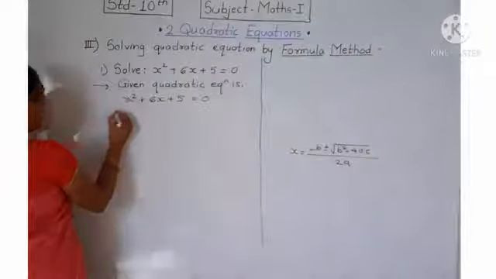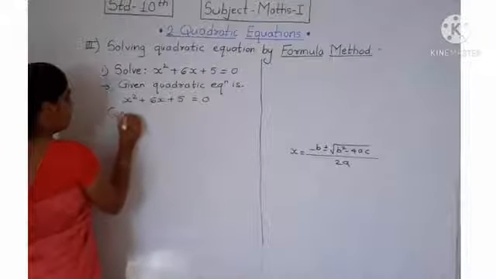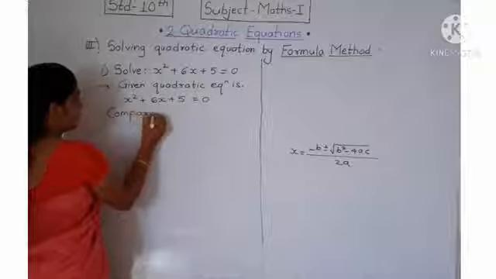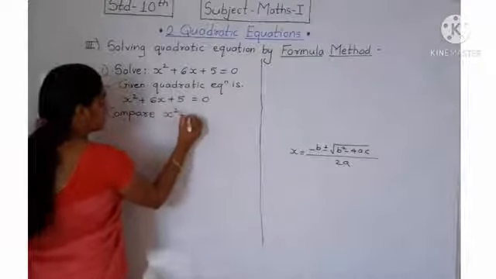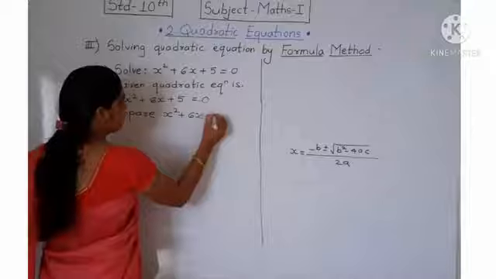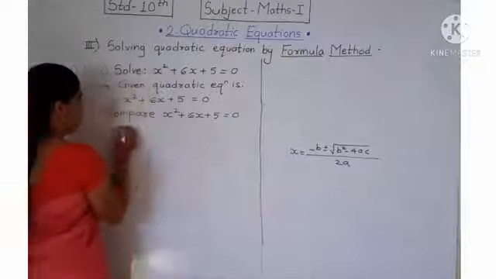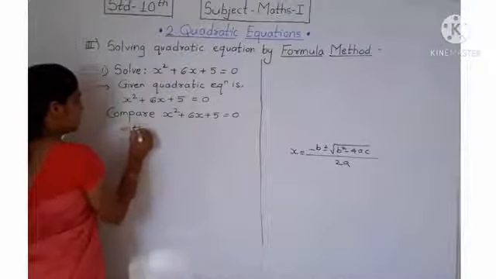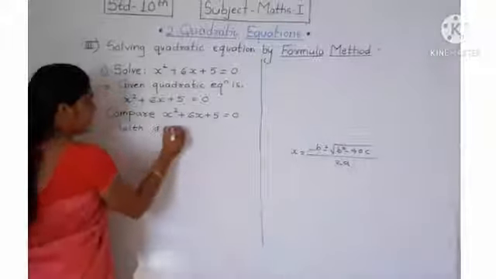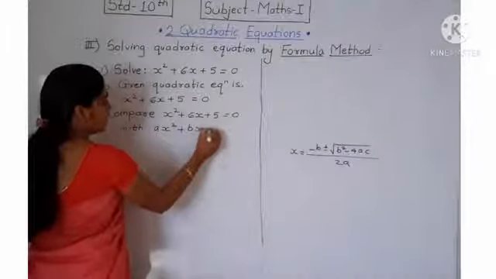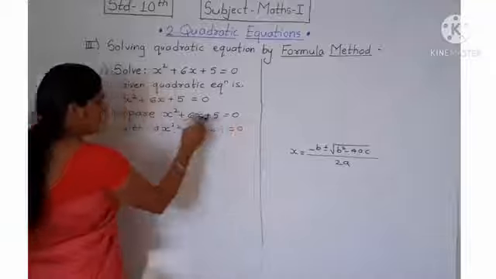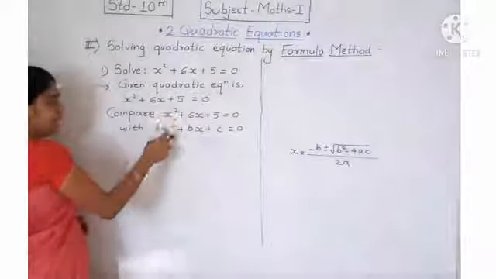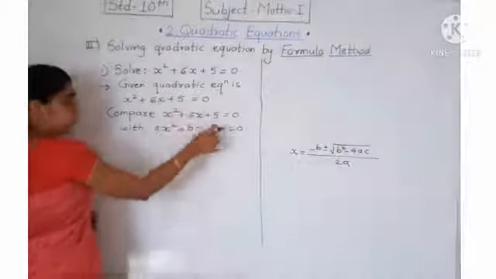So we directly compare x square plus 6x plus 5 is equal to 0 with ax square plus bx plus c is equal to 0. Write x square, x and the constant.